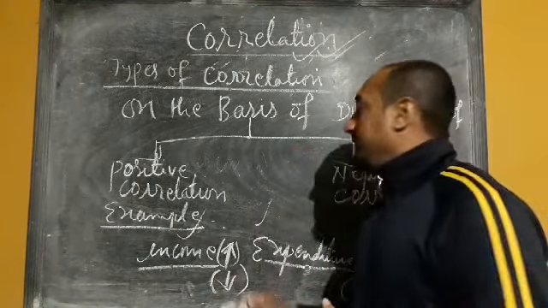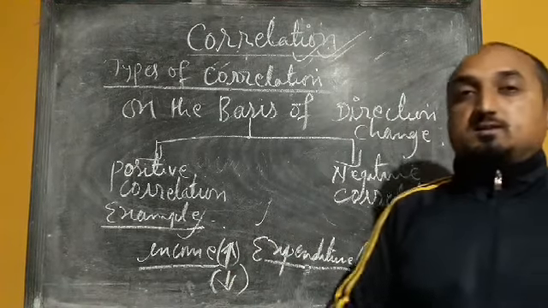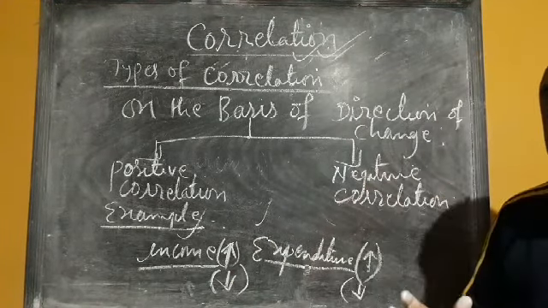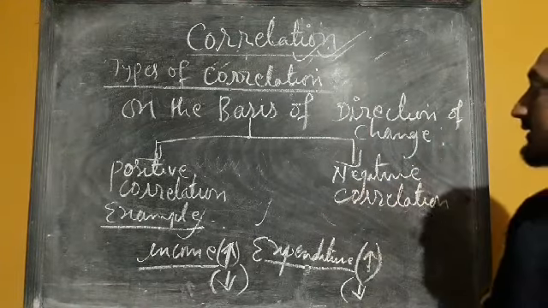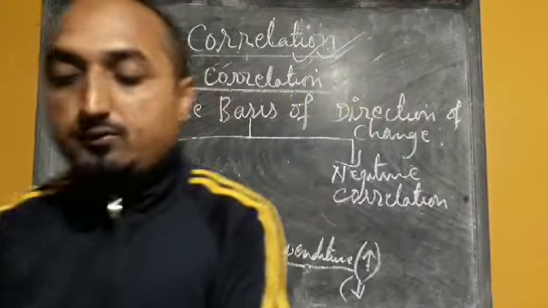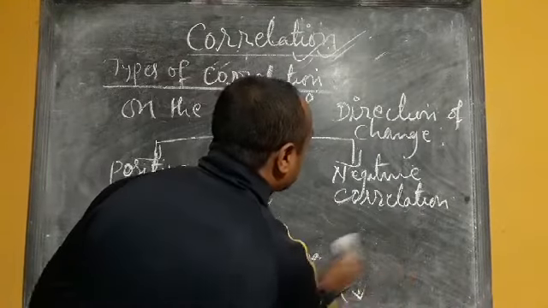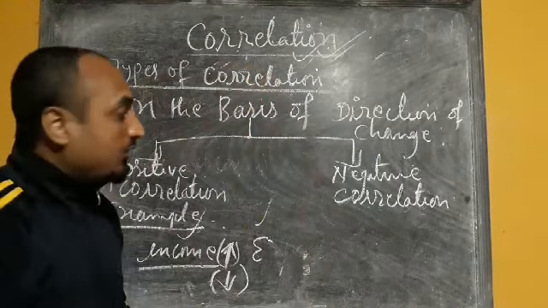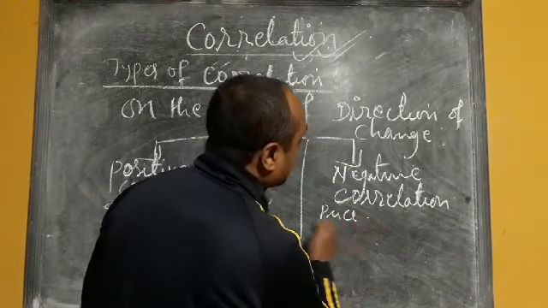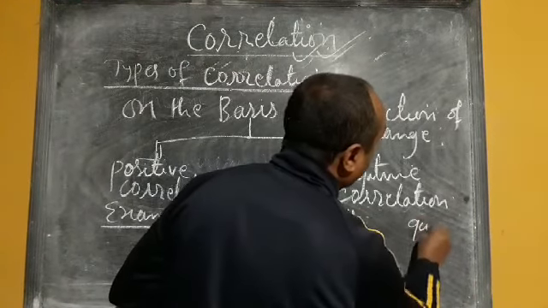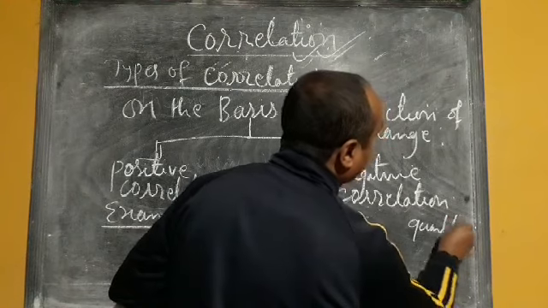Now I will explain negative correlation. What are the variables that have a negative relationship? Here we can take the example of price and quantity demanded.